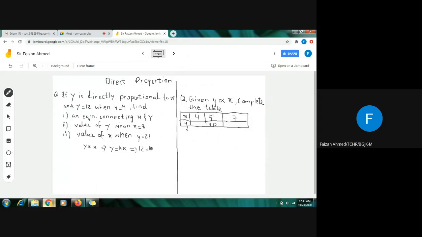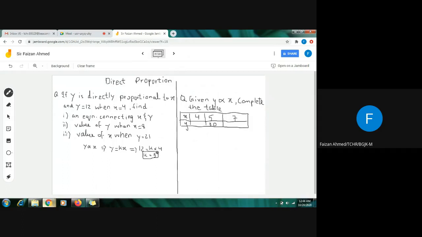I have to find the value of k, so k will be as it is. And the value of x is 4, so I will write 4. 4 will be multiplying and it will get divided on the other side, so the value of k will be 12 upon 4, and 12 upon 4 is equals to 3. So the value of k is basically 3.